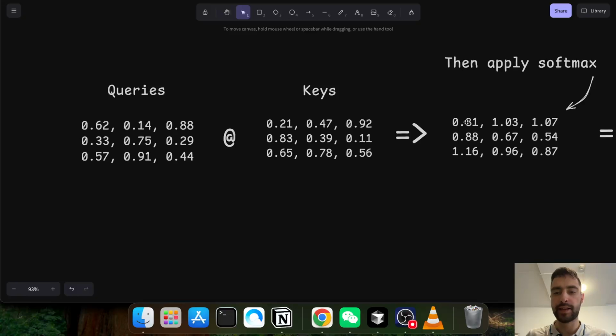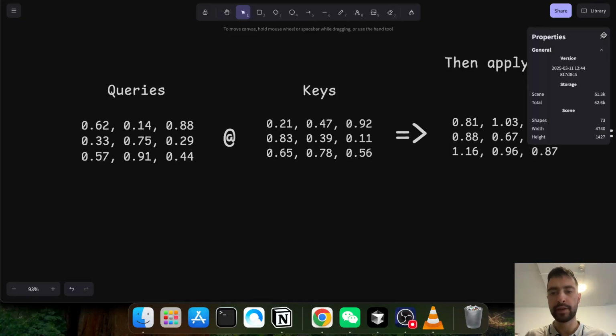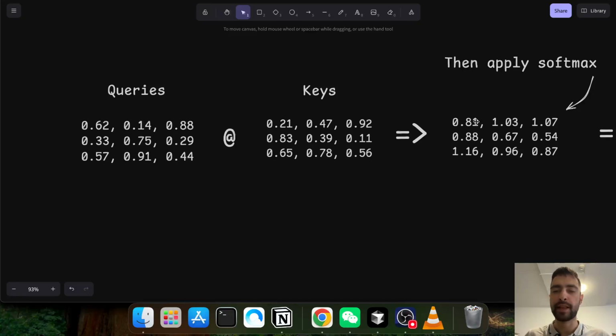I'm just explaining matrix multiplication now. If you have this first row and first column, the result is the same as the dot product, by the way. The result would be written at the intersection of the first column and first row, which is this number here. This number shows how similar this query and this key are.